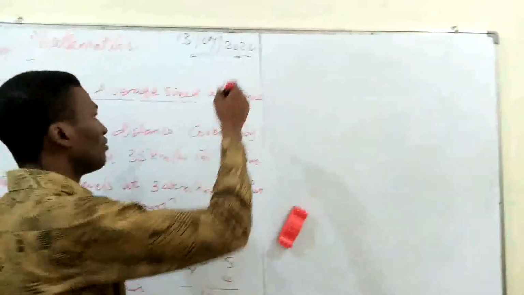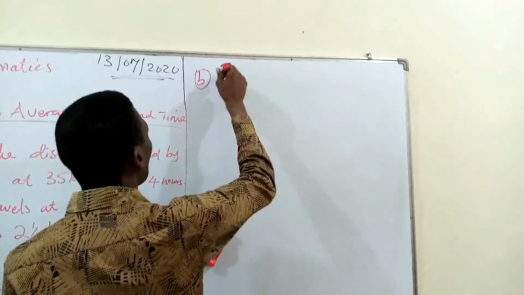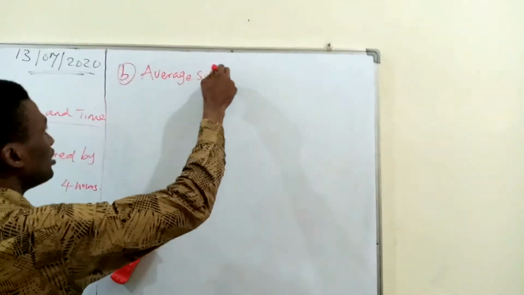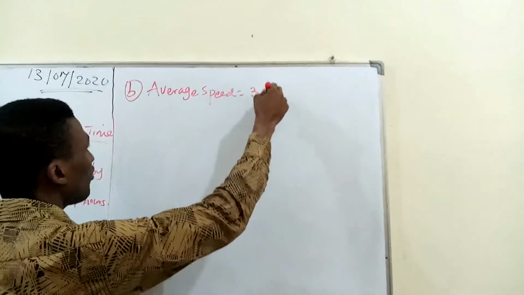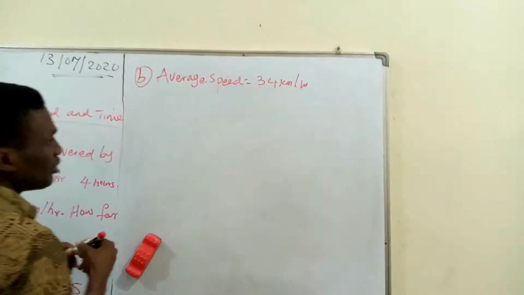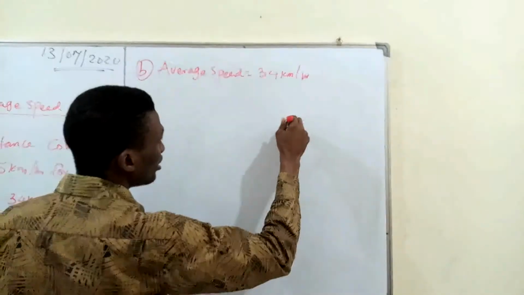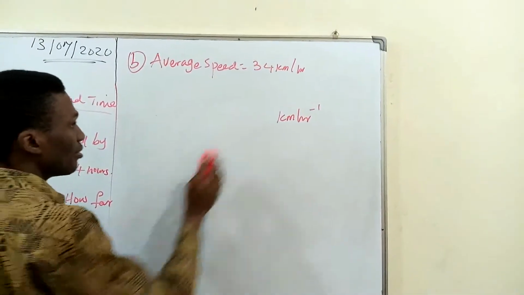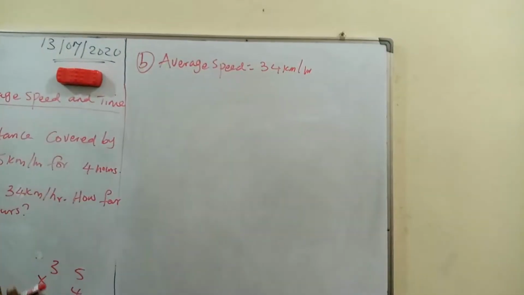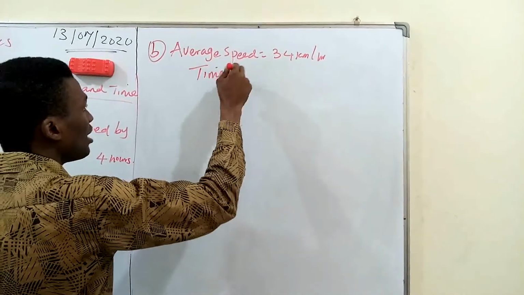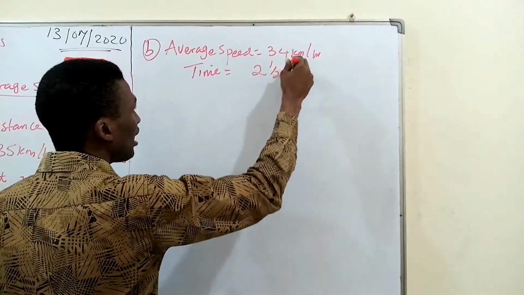So we have that our average speed is 34 kilometers per hour. I also remember telling us that we can either write it this way, kilometers per hour, or write it the other way. It's still the same thing. Our time is 2.5 hours.